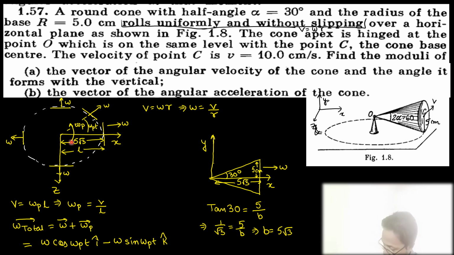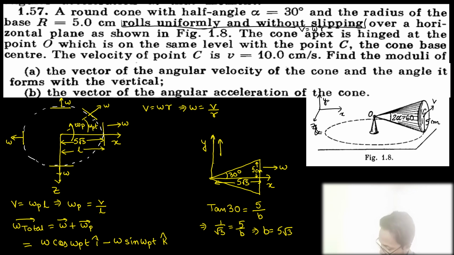Plus what is the angular velocity? If the wheel is rotating in this direction, and the orbital velocity is in this direction, the velocity would be towards yourself, outside the screen. Outside the screen is nothing but towards positive y-axis. If the wheel is rotating in this orbit, this way, the omega p would be along positive y direction.